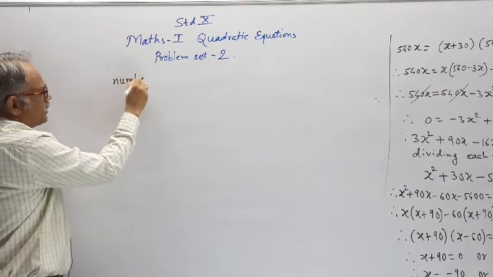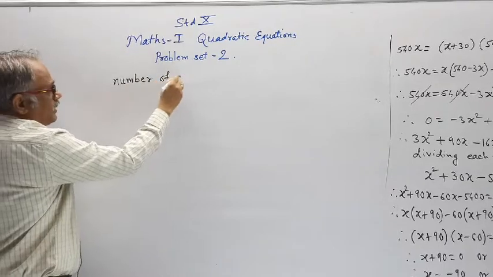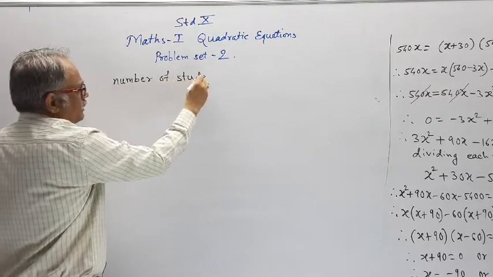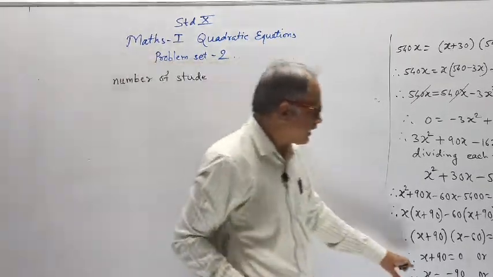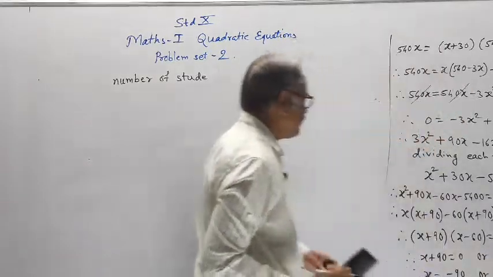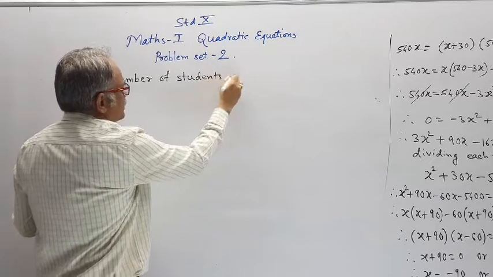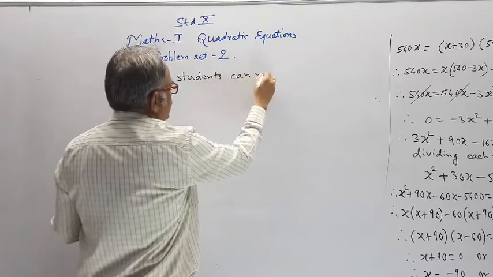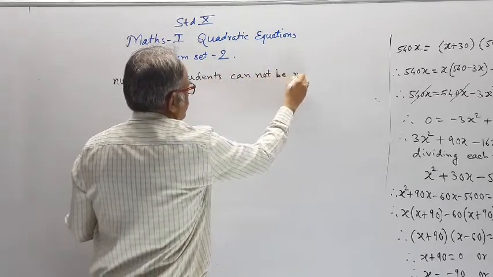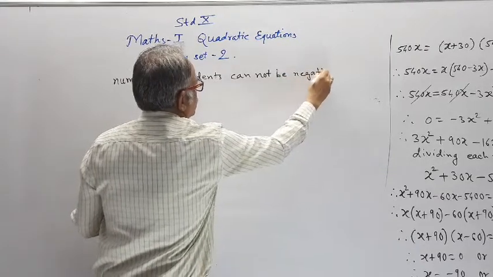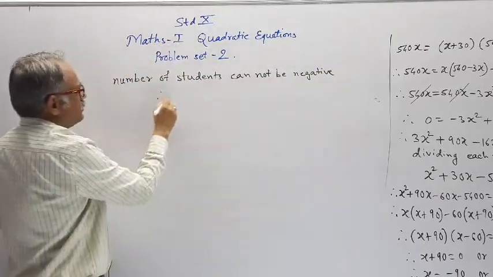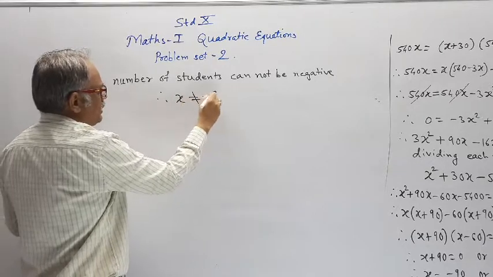The number of students is x, and it is obtained that x is either minus 90 or 60. Number of students cannot be negative, meaning x cannot be negative. Therefore, x is not equal to minus 90.